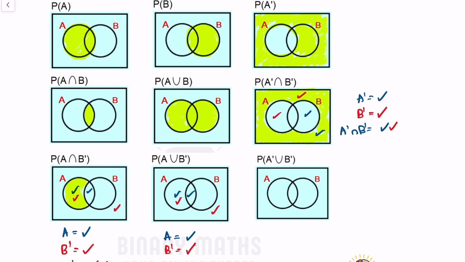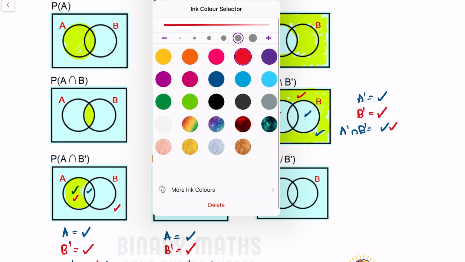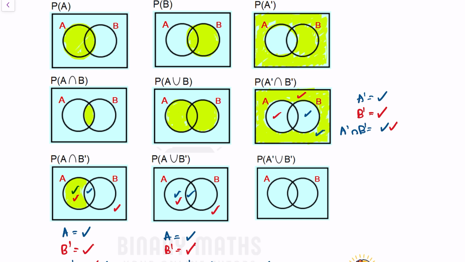So if I'm trying to find A union not B, it's everything that's either got a blue tick, a red tick, or both ticks. So basically what you need to do is get a highlighter. Anywhere you see a tick, you just shade it in. So the only part that doesn't have a tick is the part of B that is not part of A. So everything else besides that.